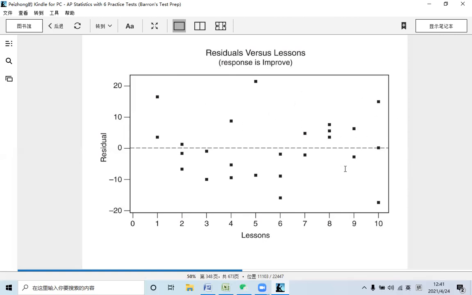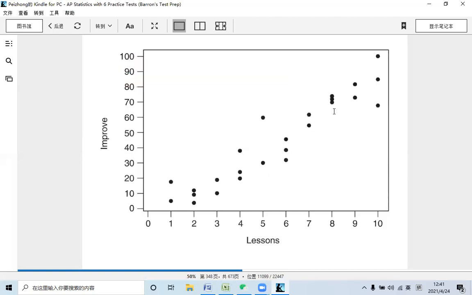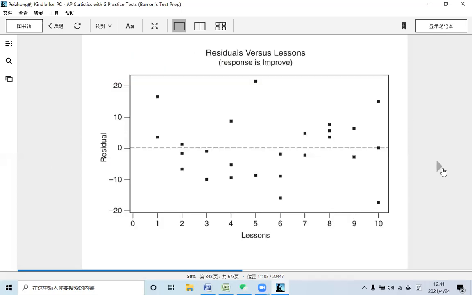What are you looking for? You're looking for patterns. Do I have a pattern going on? If you have a pattern going on, then the correlation is not completely linear. If you don't have a particular pattern, it's just random, and that means the correlation is pretty much linear.